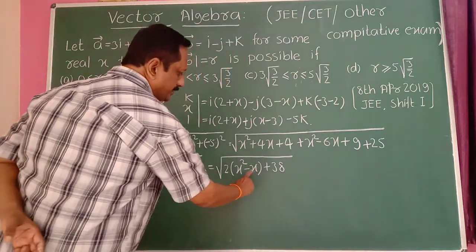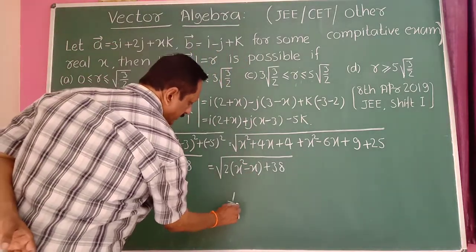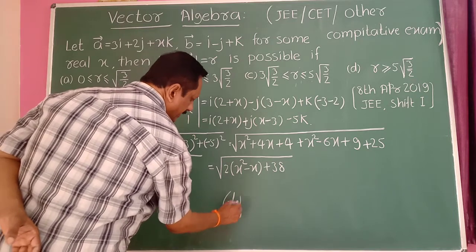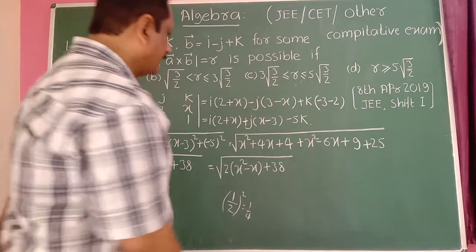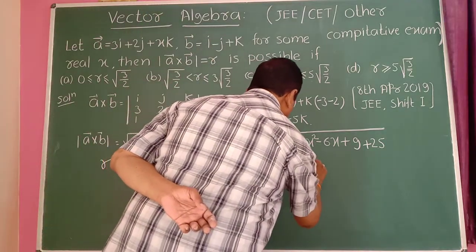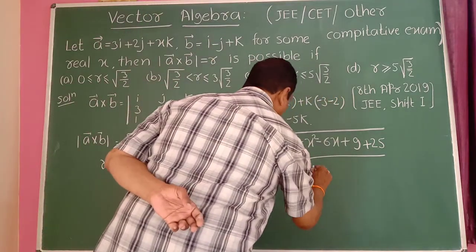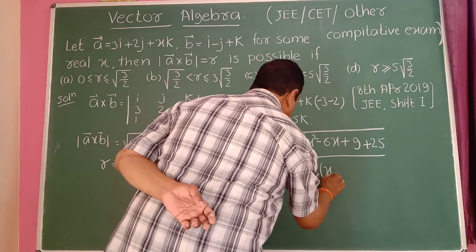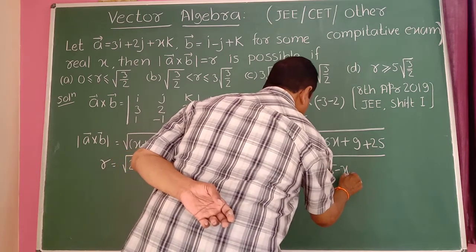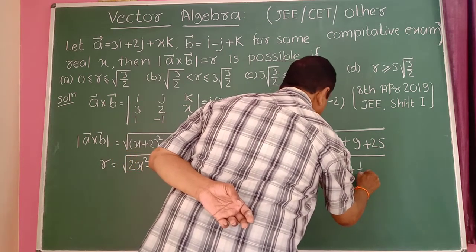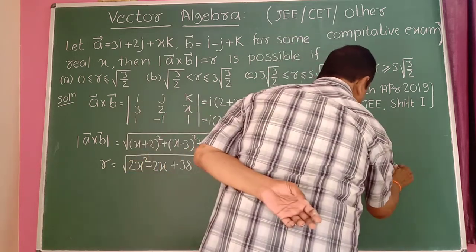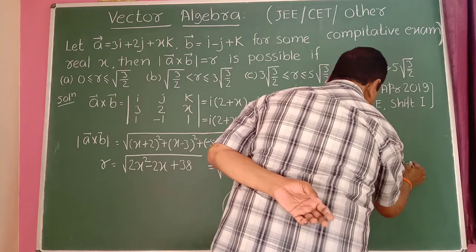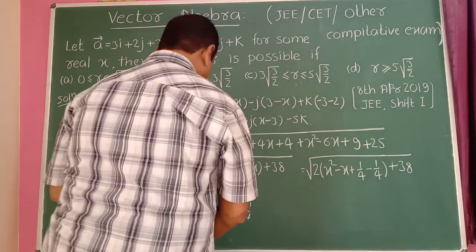Adding and subtracting 1 by 4. Therefore root of 2 into bracket x square minus x plus 1 upon 4 minus 1 upon 4 plus 38 here.